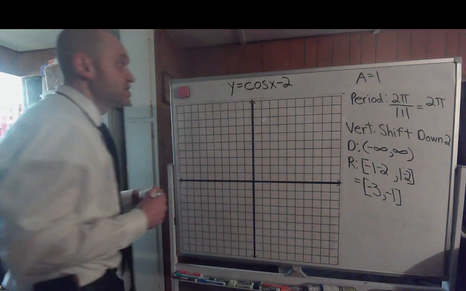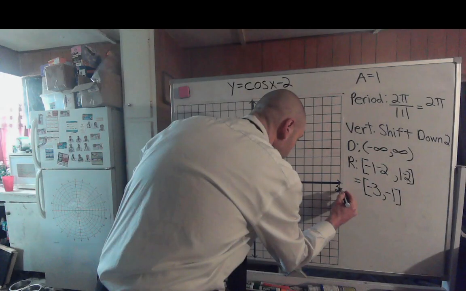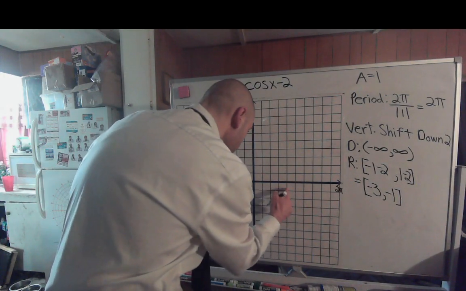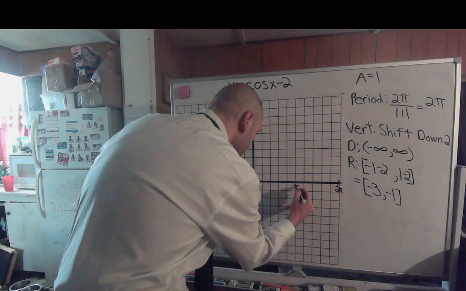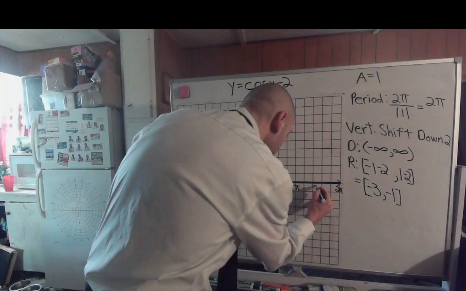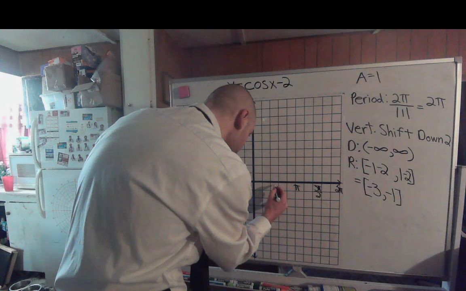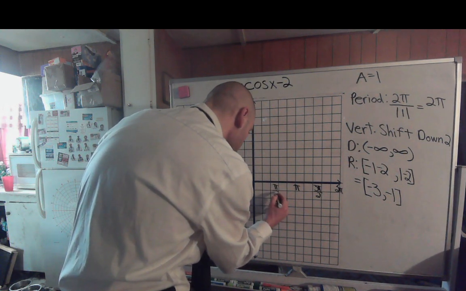Let's graph this. First, it would probably help if I plotted sufficient points, right? I always erase these because the period can change sometimes. 3 pi over 2. Here's pi over 2.